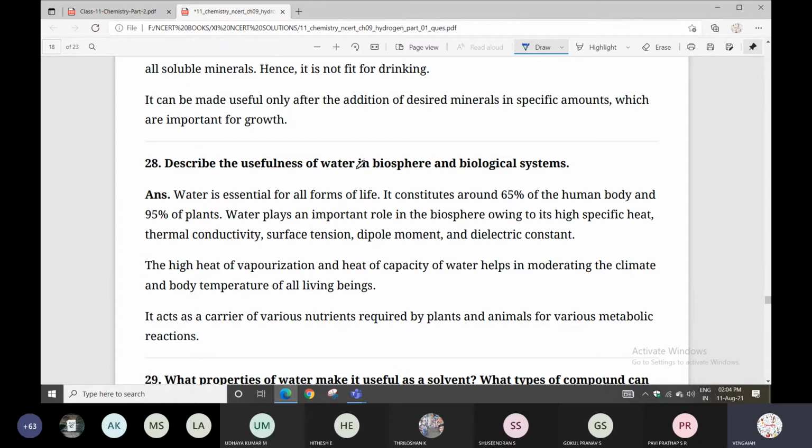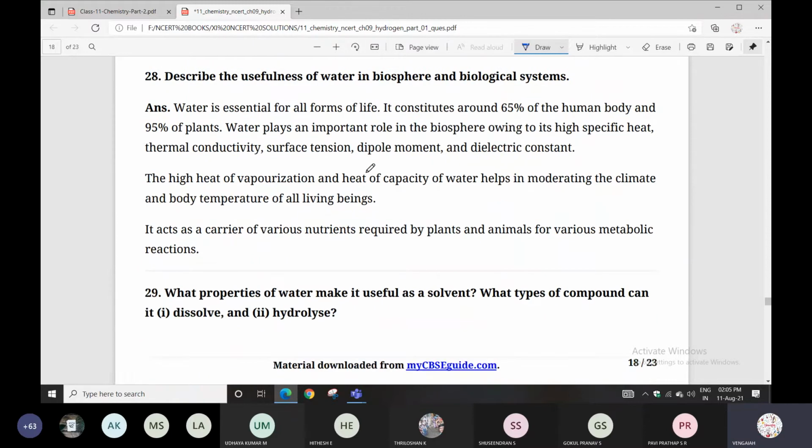The high heat of vaporization and heat capacity of water help in moderating the climate and body temperature of all living beings. It also acts as a carrier of various nutrients required by plants and animals for various metabolic reactions.